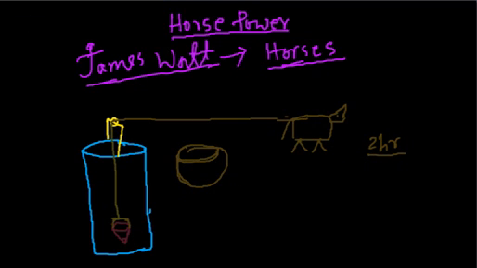Then we are going to displace this horse, and in its place we are going to put James Watt's engine. Let us say that this is James Watt's engine. When this wheel is rotating like this, this rope will move in this direction and water will be lifted.